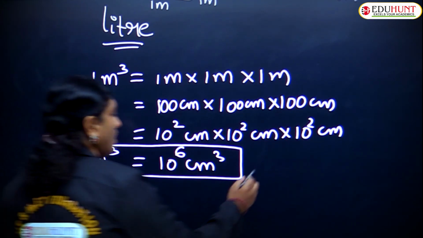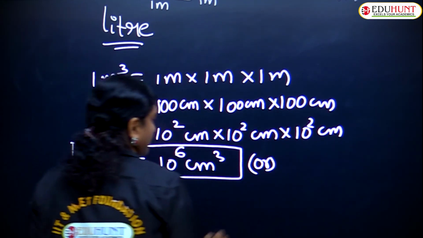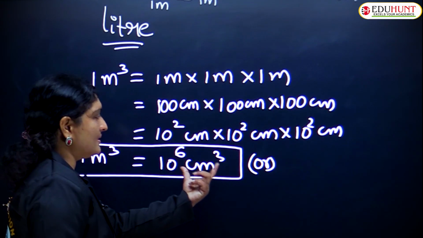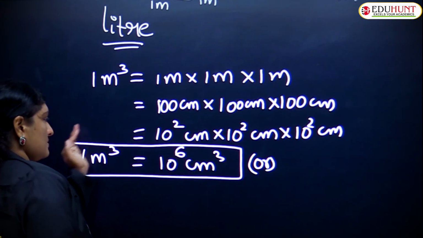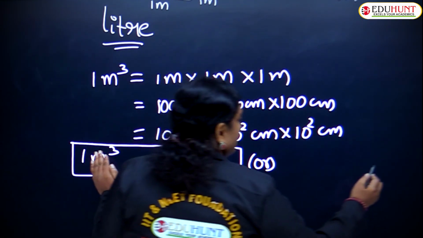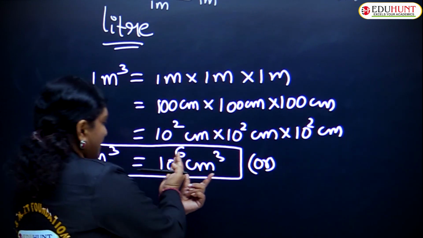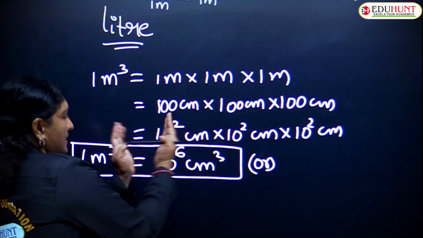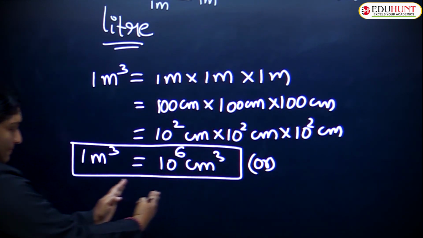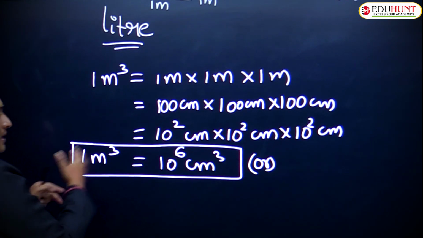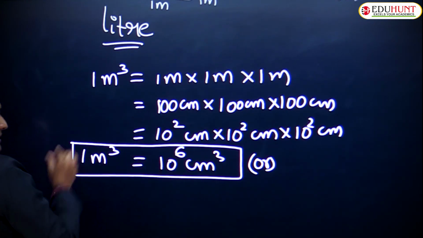Or another way of writing it is, if I want 1 centimeter cube, I need to bring this to the other side. Then the value of 1 centimeter cube is how many meter cube? Here it is 10 power 6. If I bring this 10 power 6 to the other side, this plus 6 will become minus 6.